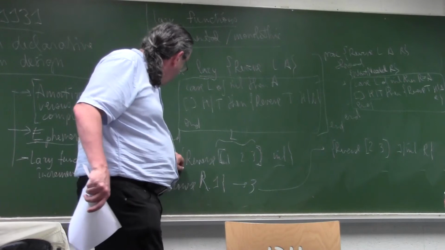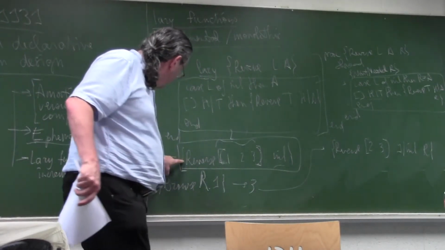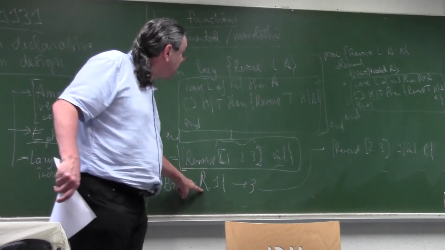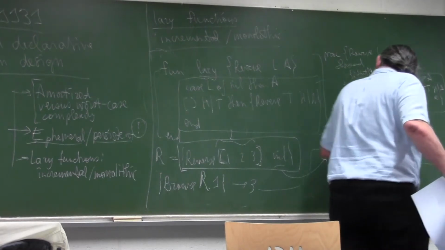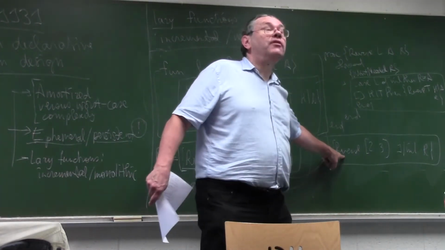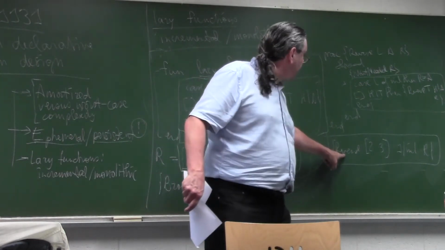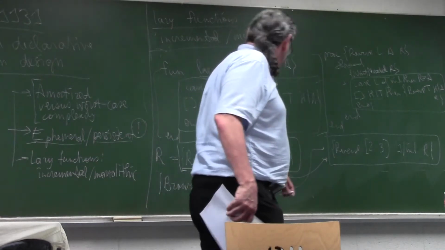I'm calling reverse here, and when I call reverse, I activate the lazy suspension. The result is that I'm calling reverse again. You see, this is another call to reverse, and in this call, R is still needed.